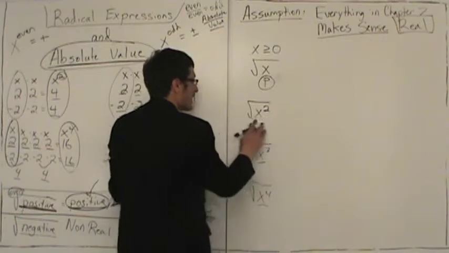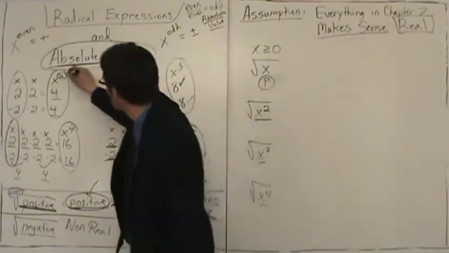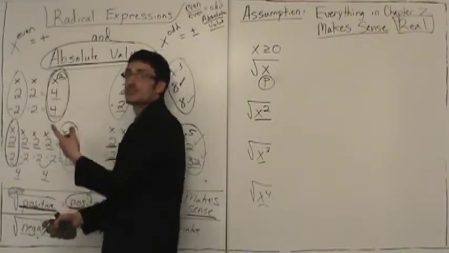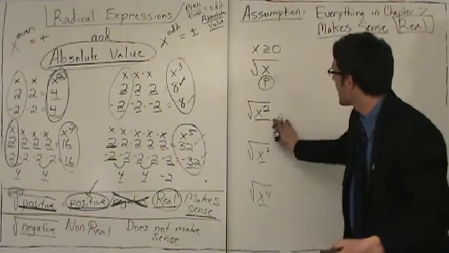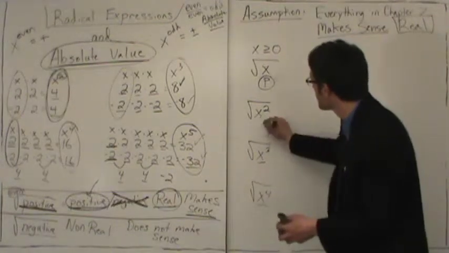Now, x squared, however, by nature, what do we know about x squared? By nature, we know that x squared is already positive, so there's no need to say our radicand is positive. We already know this. You can go ahead and put a p under x squared.